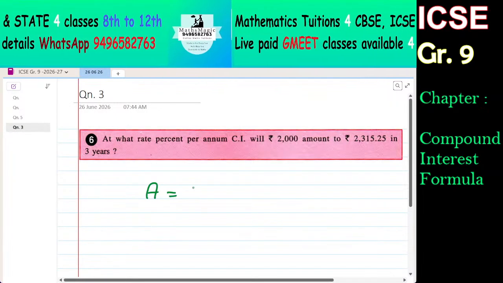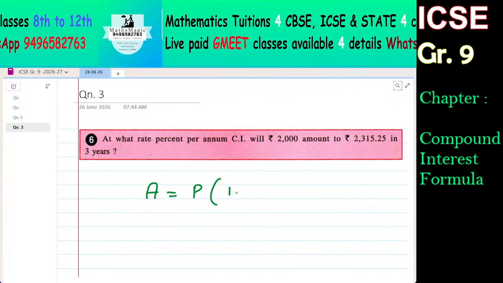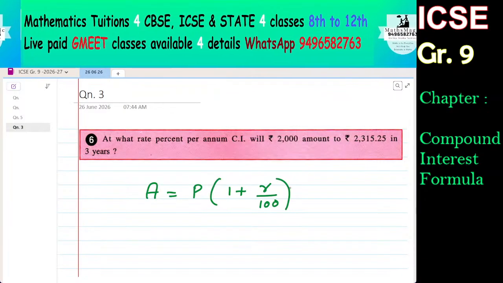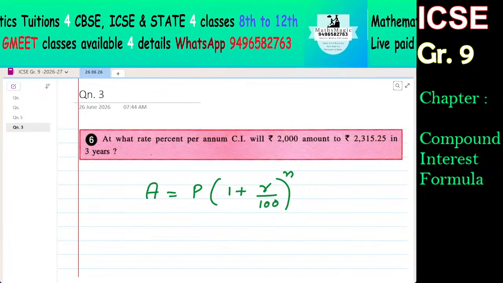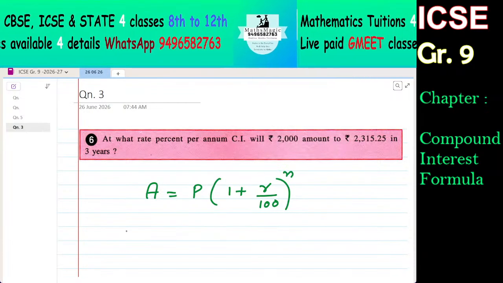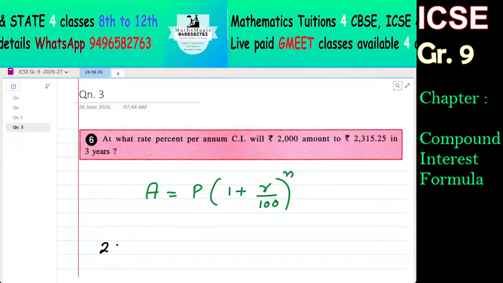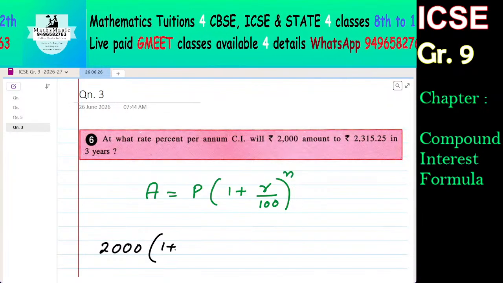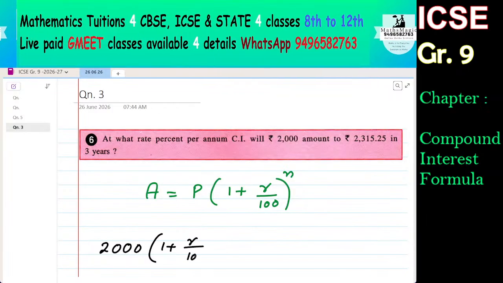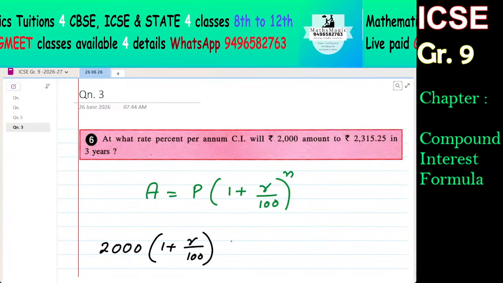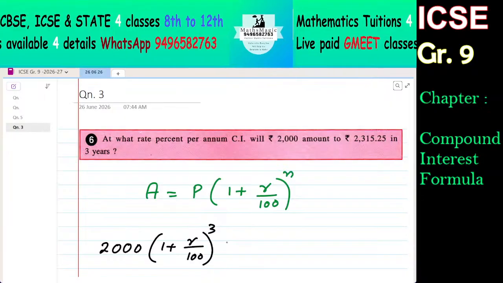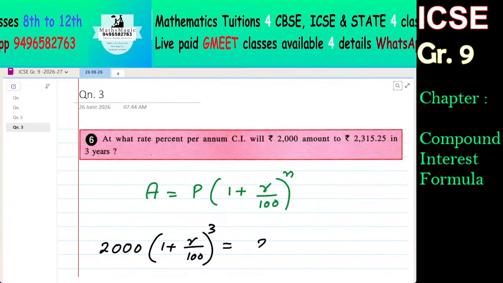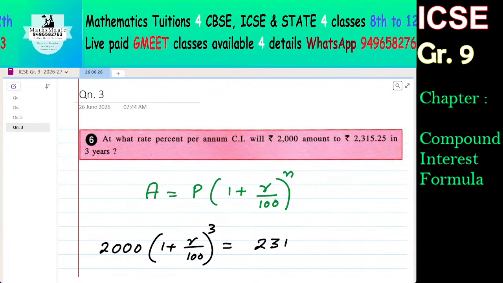A equals P into (1 plus R by 100) the whole to the power N. Here, 2000 into (1 plus R by 100) whole to the power 3 equals 2315.